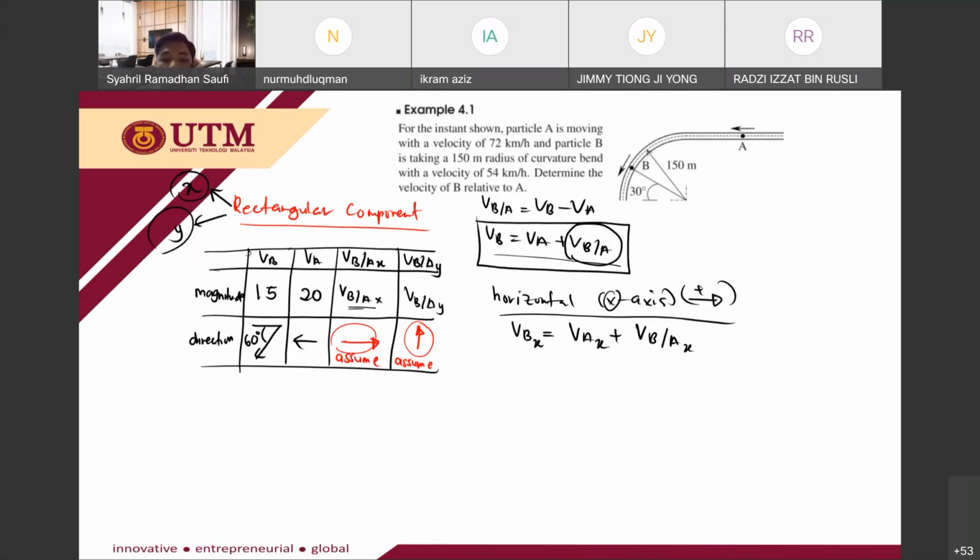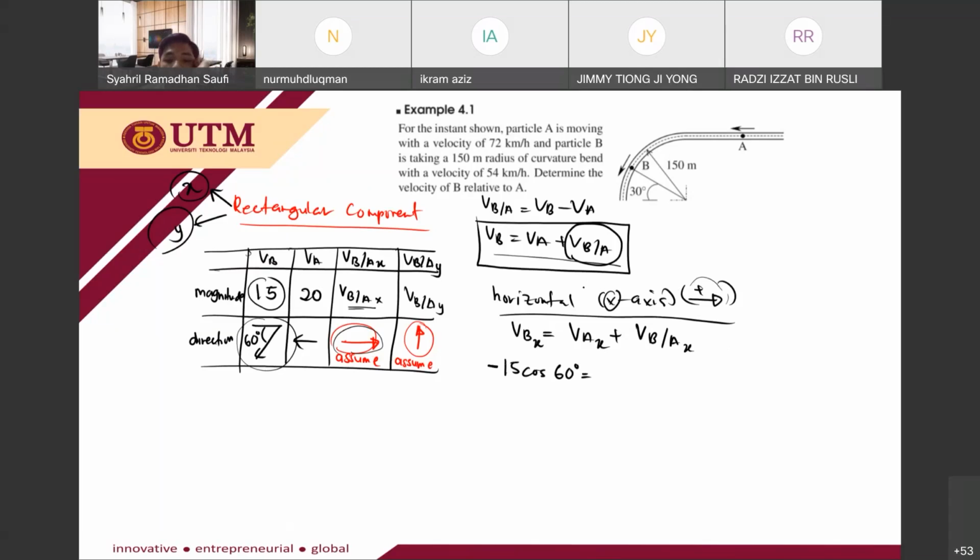So what would be my VBX? 15 cos 60 to the left, so negative 15 cos 60, because if you resolve this vector, it is directed to the left, so negative, because we assume that to the right is positive.